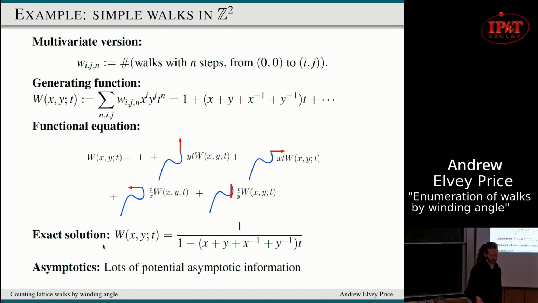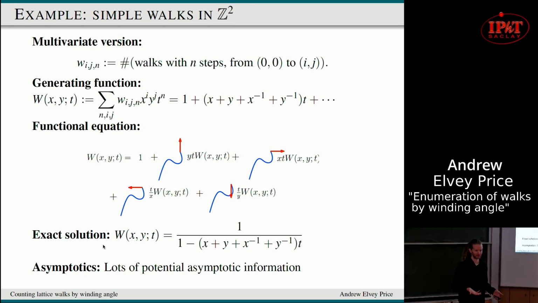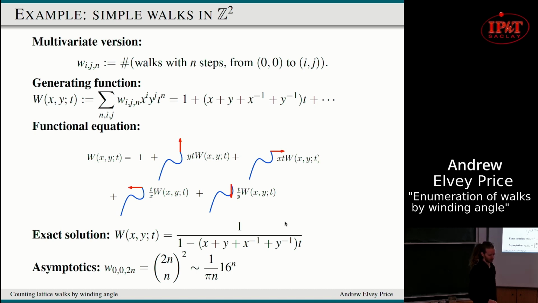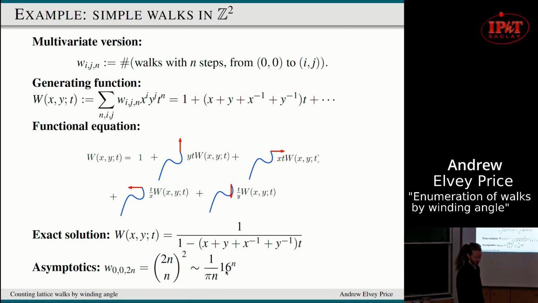Okay, so now we're still interested in asymptotics, but there are lots of questions that we could ask about asymptotics because we now have more information. Just as one example, if we now count excursions, so walks starting and ending at the same point, then we have this exact form, which has this asymptotic growth rate.